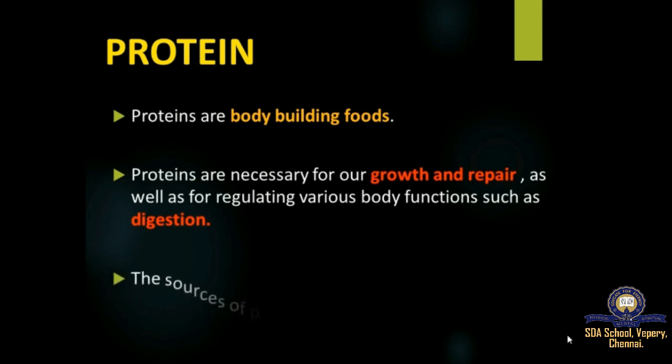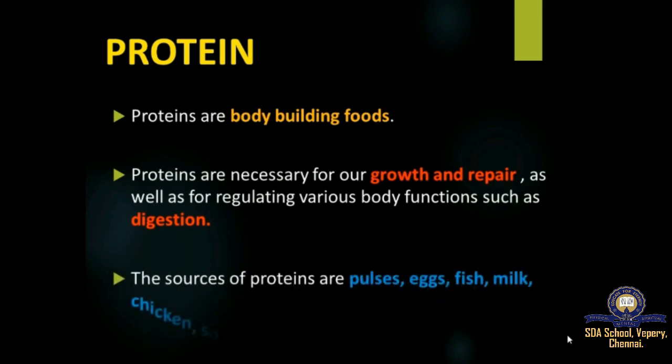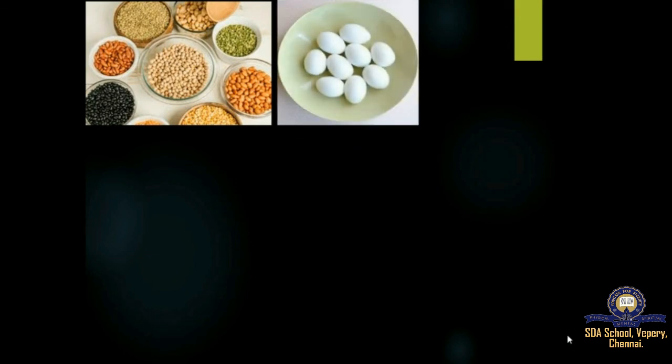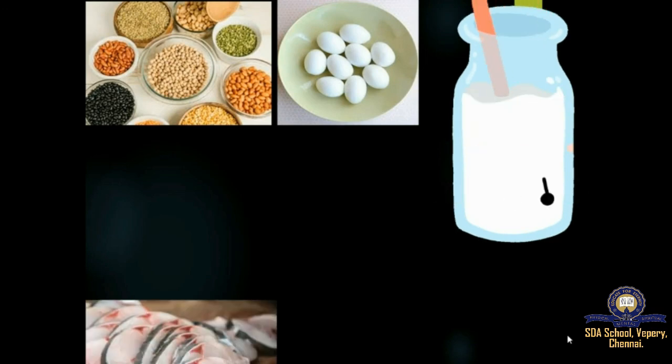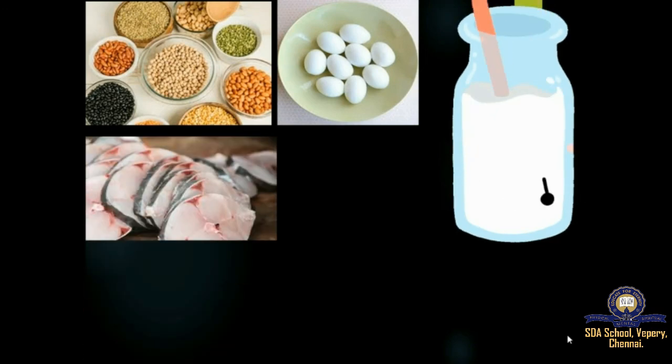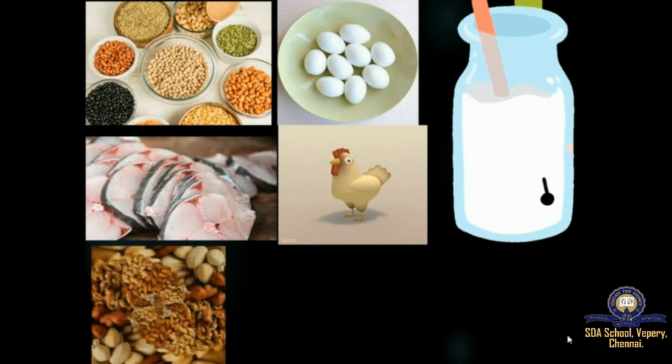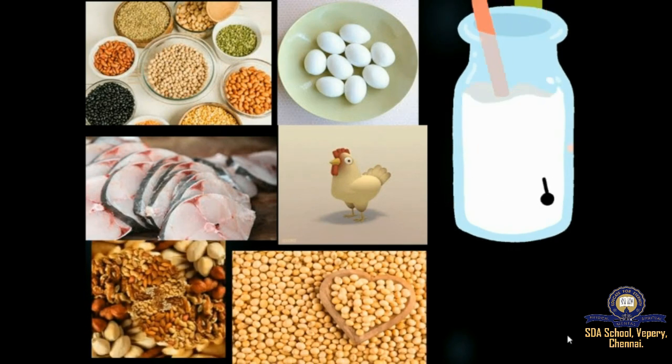The various sources of proteins are pulses, eggs, fish, milk, chicken, soya bean, nuts, grains, etc. Then we saw the various pictures of the sources of proteins, which are pulses, eggs, milk, fish, chicken, soya bean, nuts, etc.